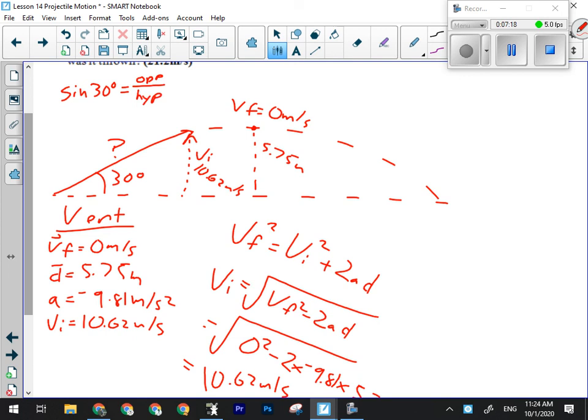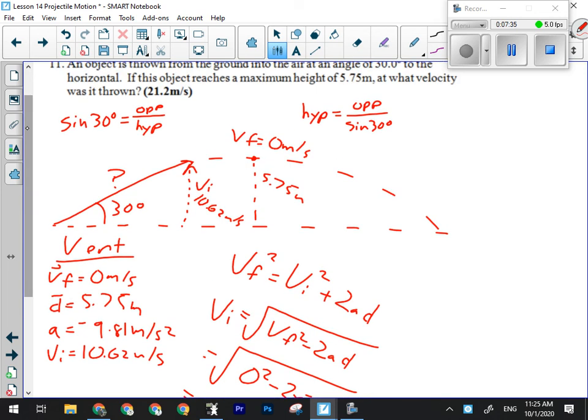To get the hypotenuse, I simply take the opposite side and divide by the sine of 30 degrees. So I take the 10.62 and divide by 0.5, and that will give me 21.2 meters per second.